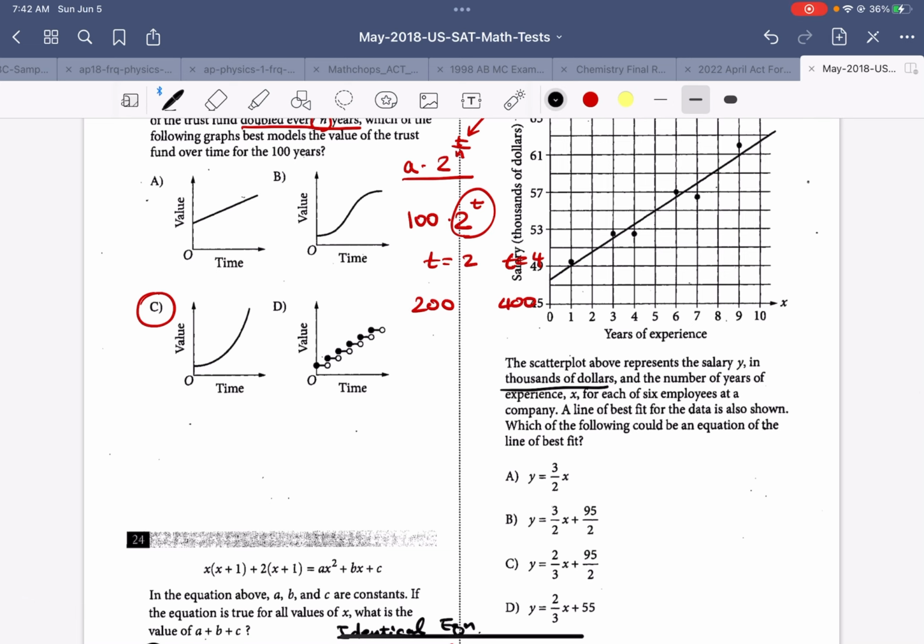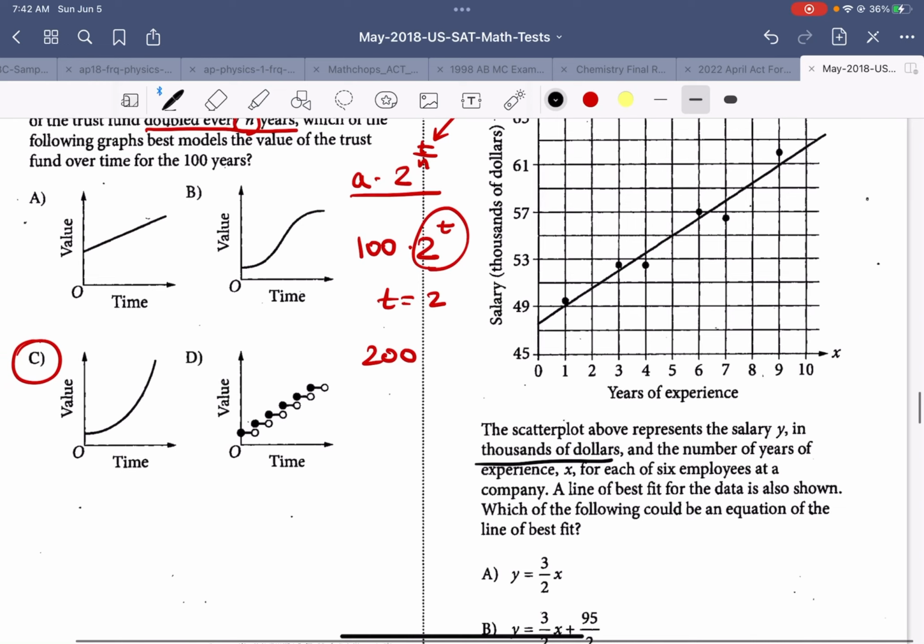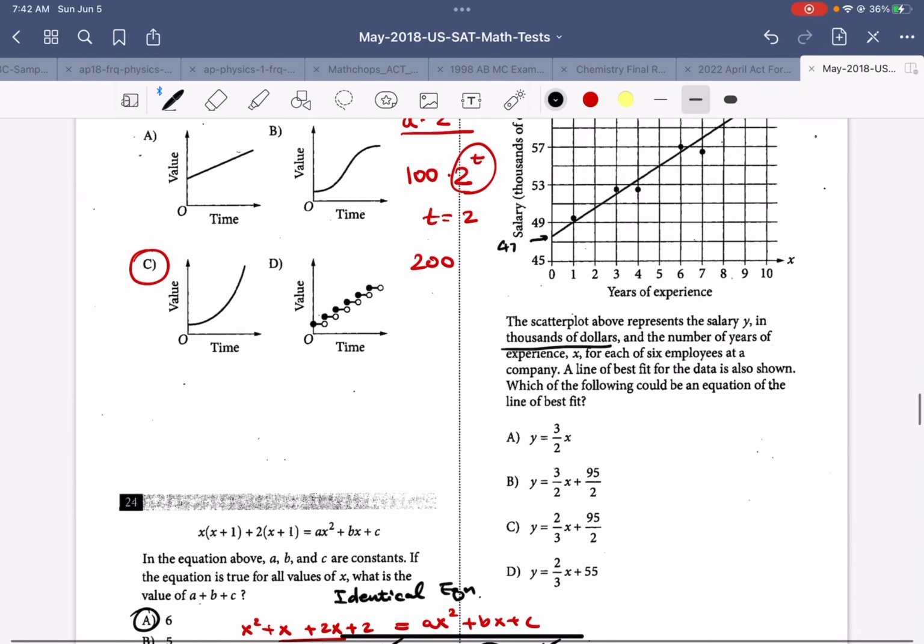So first of all, let's look at the y-intercept. The y-intercept is around 47, right? Around 47 approximately. So not this, definitely. Not this. 95 divided by 2 will give you 47.5.